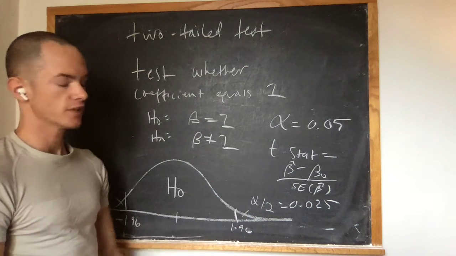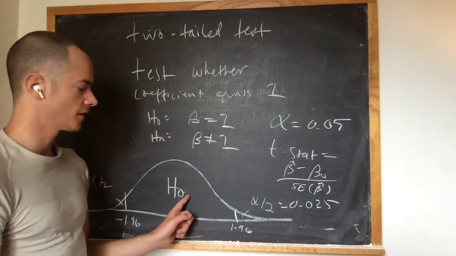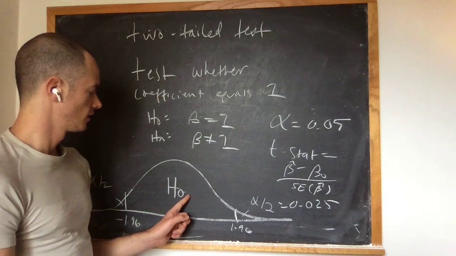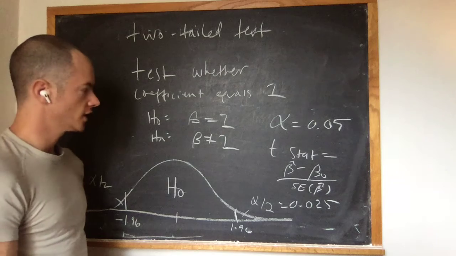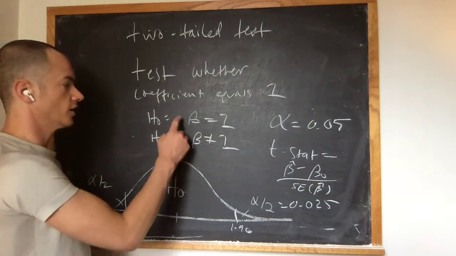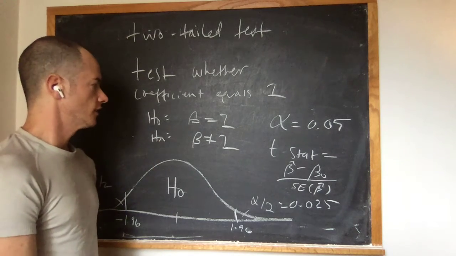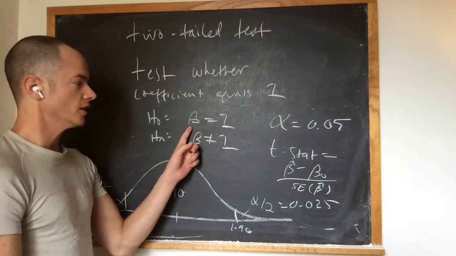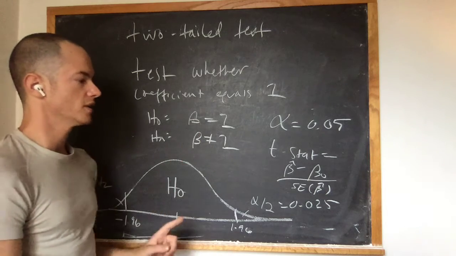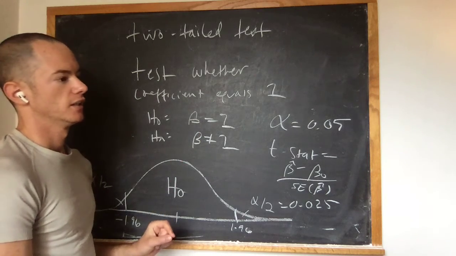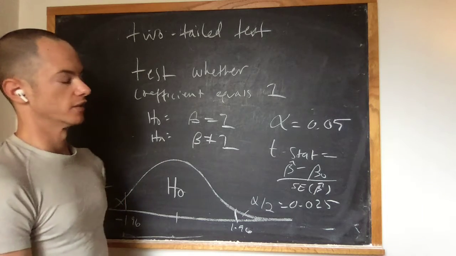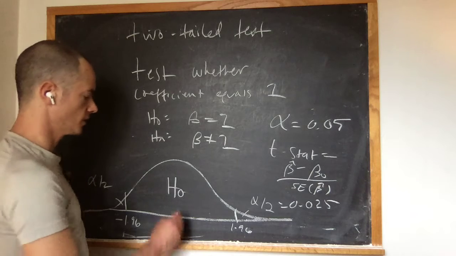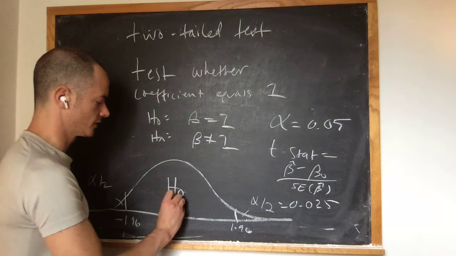And if the difference is not so large that the null hypothesis can be rejected, then the difference between the estimated value of beta and 1 is statistically insignificant. So this is the region where the null hypothesis is true.